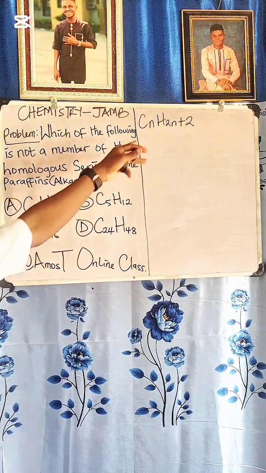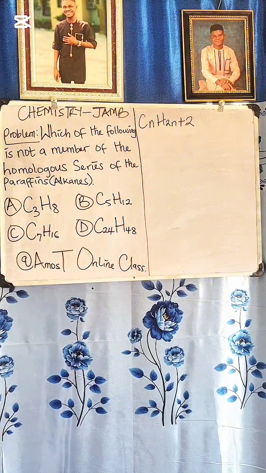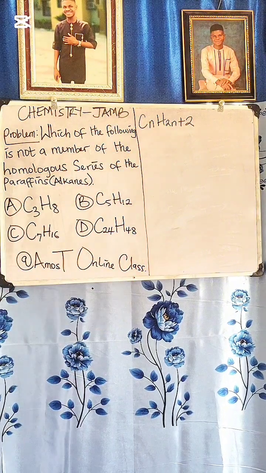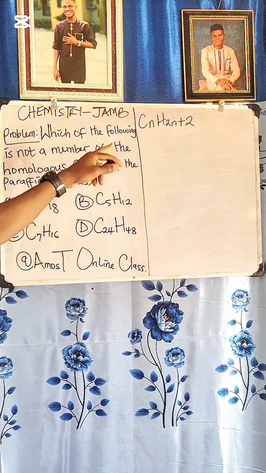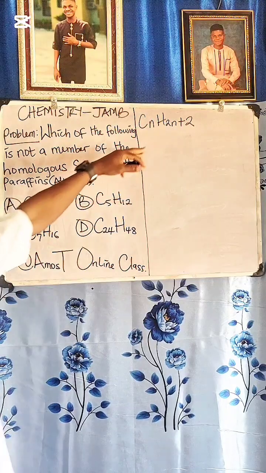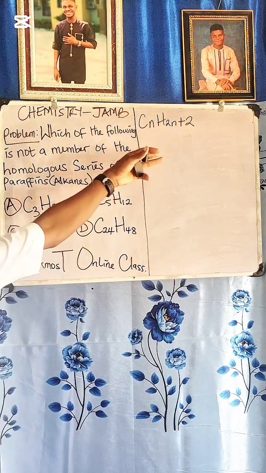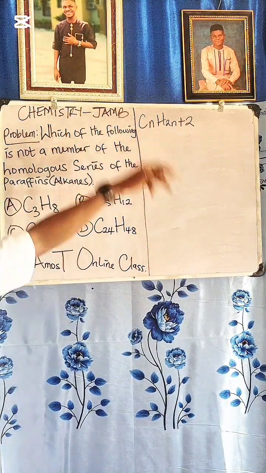So now let's take, for example, the first member of the alkane family, which is methane. Methane has one carbon atom. So how do we find the molecular formula of methane?